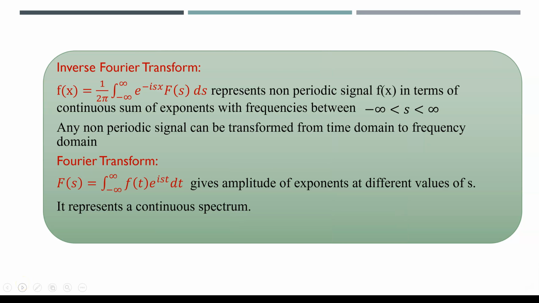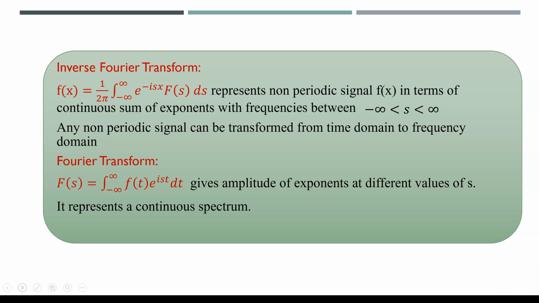Now here the inverse Fourier transform represents a non-periodic signal f(x) in terms of a continuous sum of exponents with frequencies between minus infinity to infinity. That means any non-periodic signal can be transformed from time domain to frequency domain using this inverse Fourier transform. Using Fourier series, we can convert from time domain to frequency domain, but only periodic signals can be transformed using Fourier series.